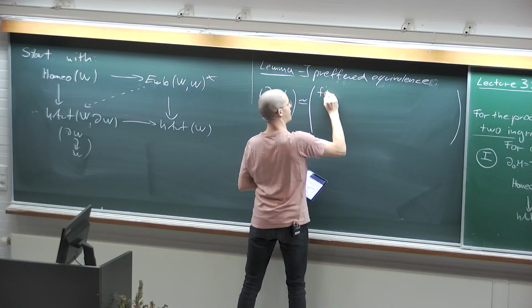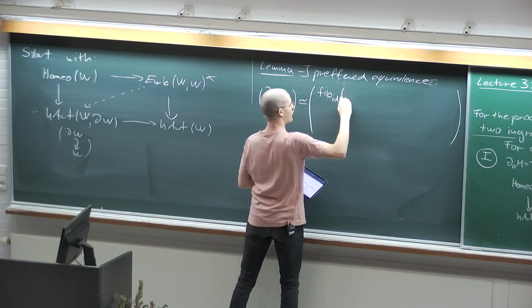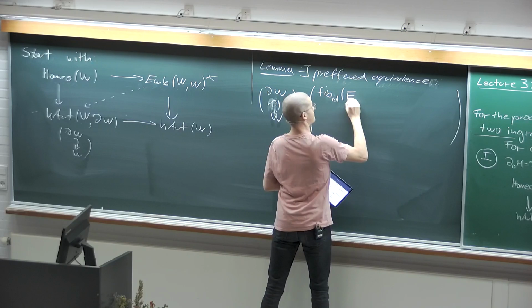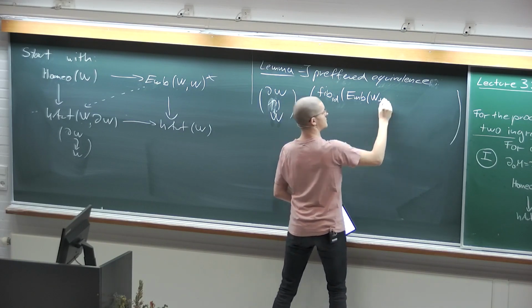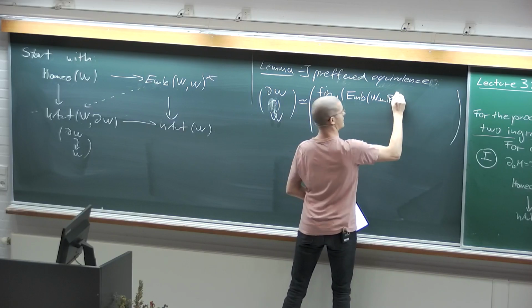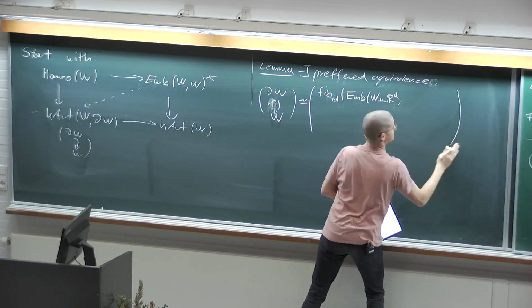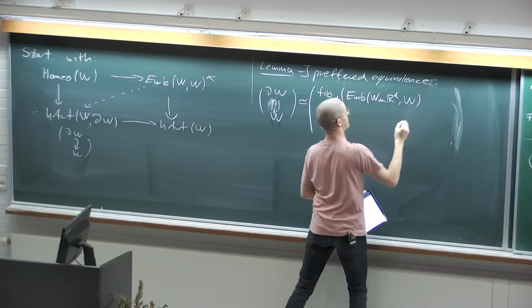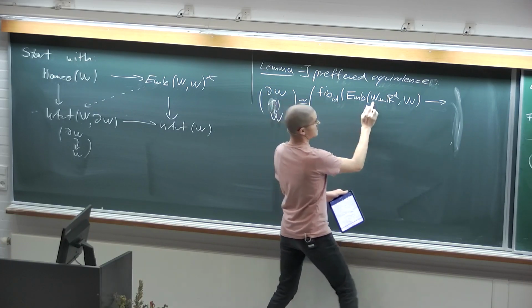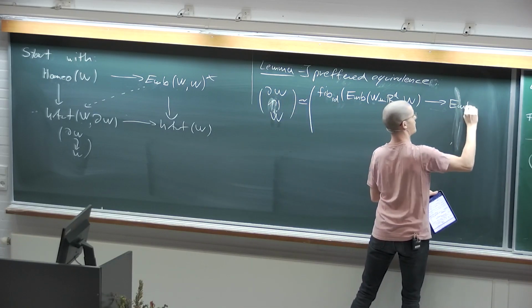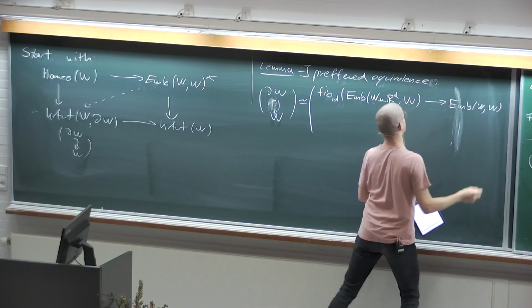I'll take the fibre, and fibre really means homotopy fibre, of the space of self-embeddings of W disjoint union a Euclidean space into W. Then I restrict to only the W in the source to go to self-embeddings of W to W.